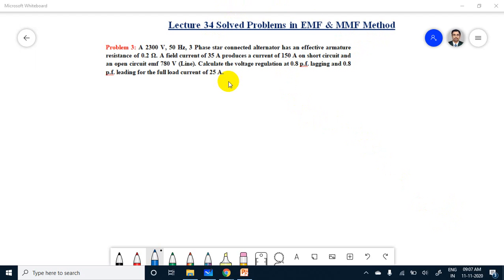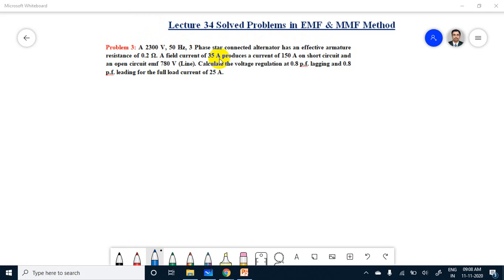I already solved two problems in the previous class, and today I am going to solve three problems. The first problem: a 2300 volt, 50 hertz, 3-phase star connected alternator has an effective armature resistance of 0.2 ohm.